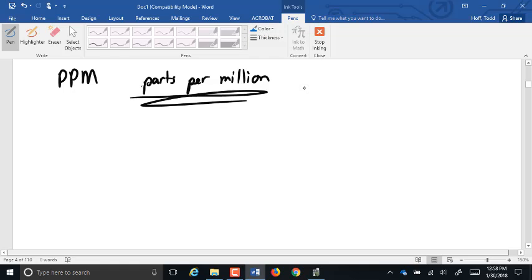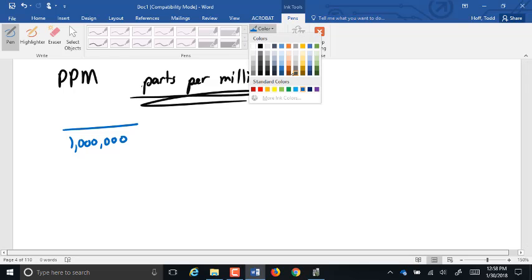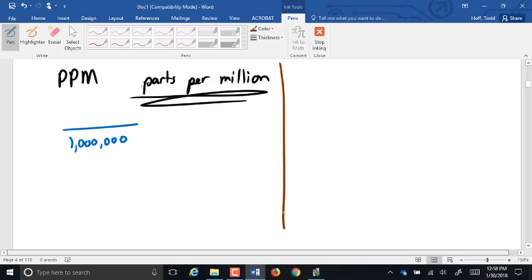And it literally is out of 1 million. Of course, this kind of forms an analog with our percents, where our percents are out of 100. And we'll look at being able to convert between the two of those in a little bit.